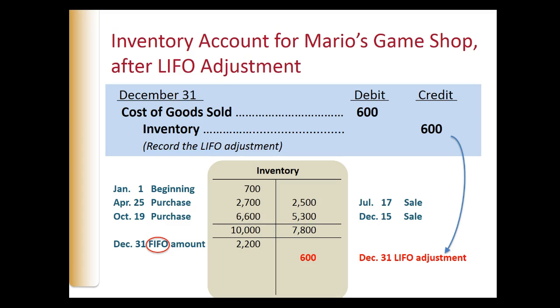If Mario wants to adjust its FIFO inventory records to LIFO for preparing financial statements, it needs to adjust inventory downwards by $600, decreasing the balance from $2,200 to $1,600. We do this LIFO adjustment at the end of the period through a decrease to inventory and an increase to cost of goods sold.